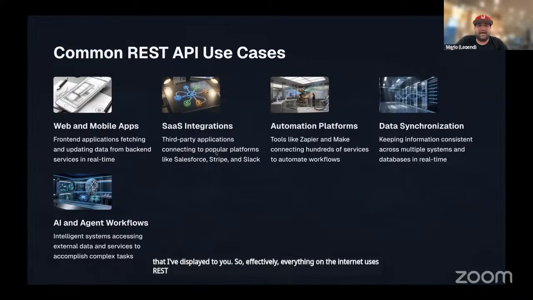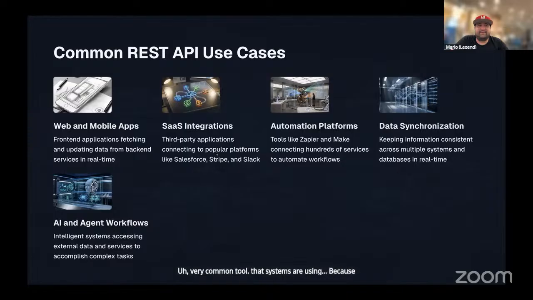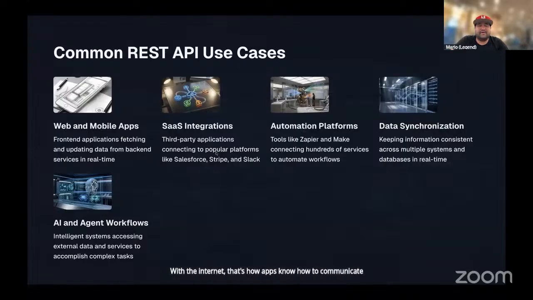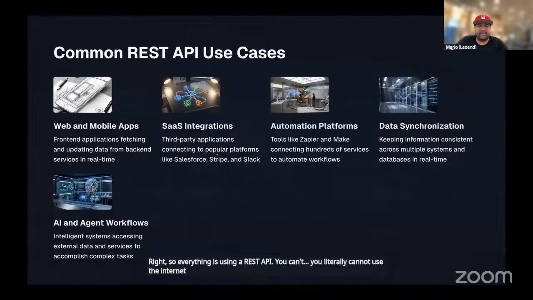It is a very common tool that systems are using because they have to use it to communicate. That's how browsers know how to communicate with the internet. That's how apps know how to communicate with servers, right? So everything is using a REST API. You literally cannot use the internet without using a REST API.